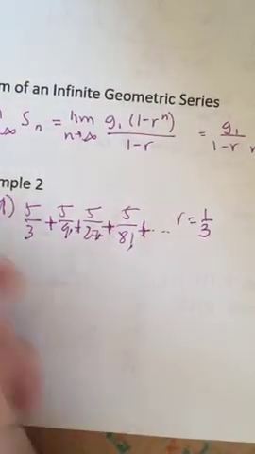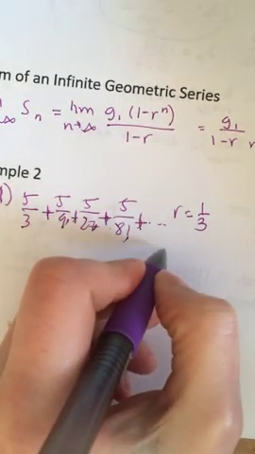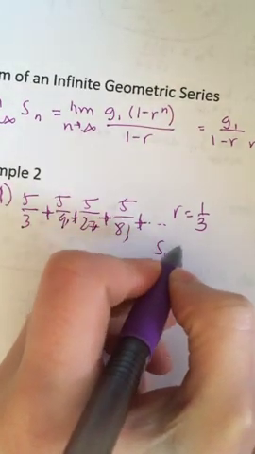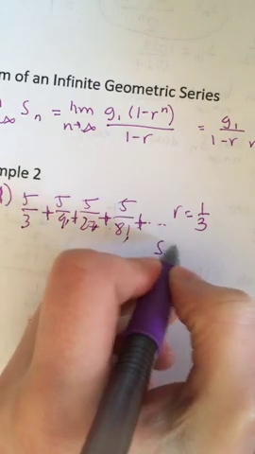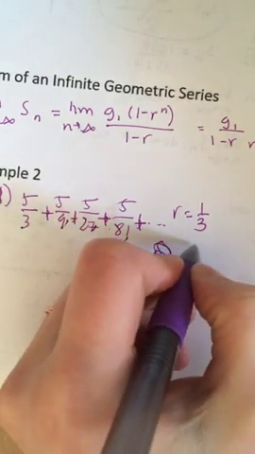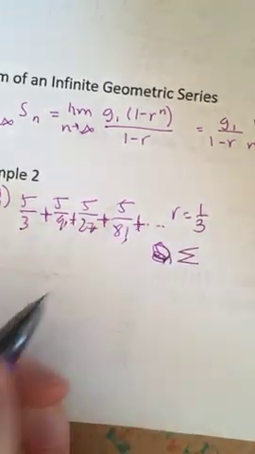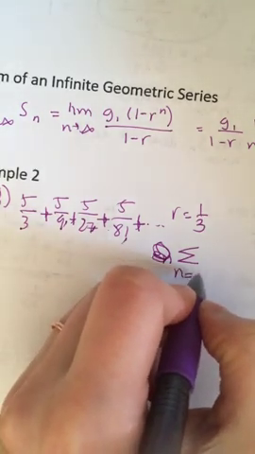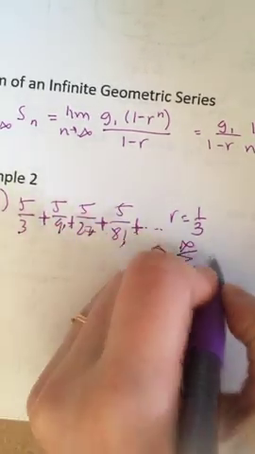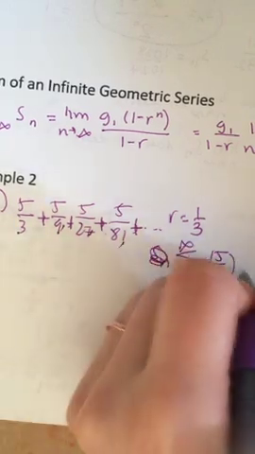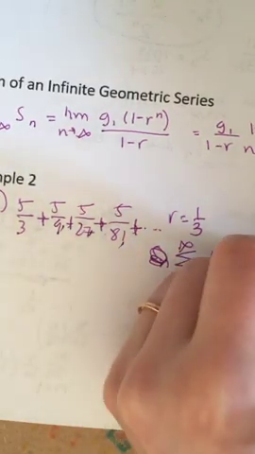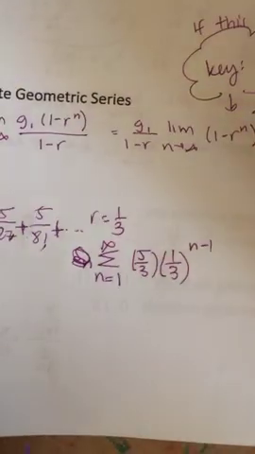So to write this as a geometric series, S sub n is going to be the summation. I want to sum each term. Each term starts at 1, going to infinity. My first term is 5/3. My common ratio is 1/3. And my exponent will be n minus 1.